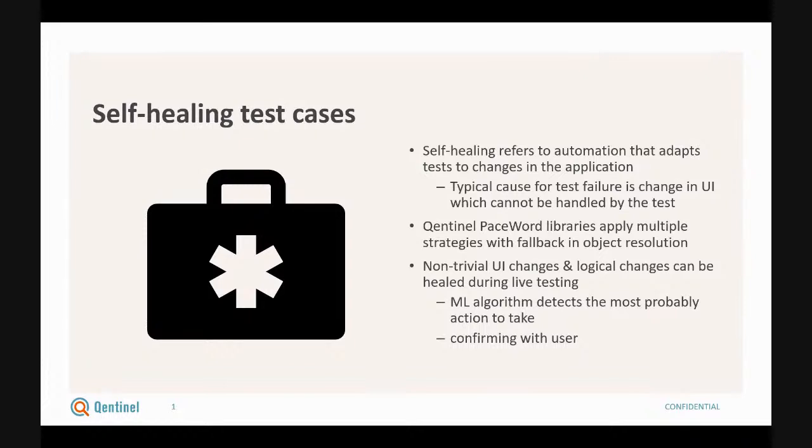Now, if you have non-trivial UI changes or logical changes in the application, then we apply the next level of healing process, and we move to what is called live testing in the Pace family, where we are live testing against the application, and we are applying machine learning, artificial intelligence algorithms to actually detect the most probable action to take in cases of a failure.